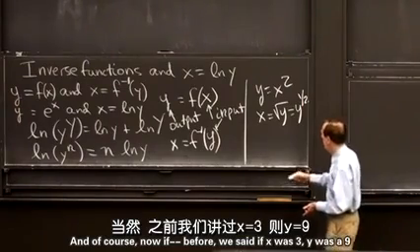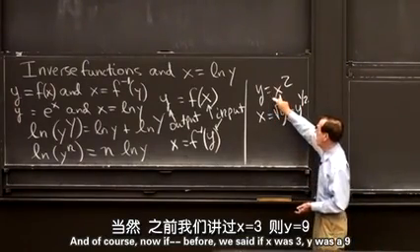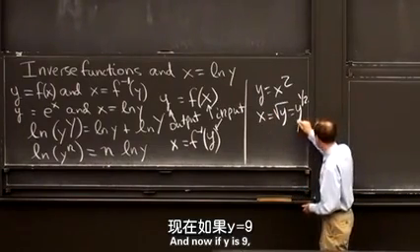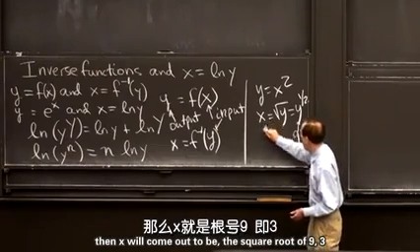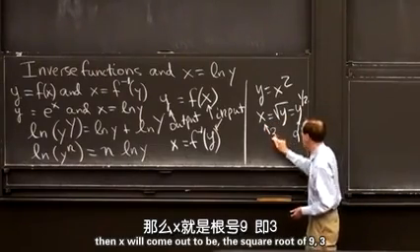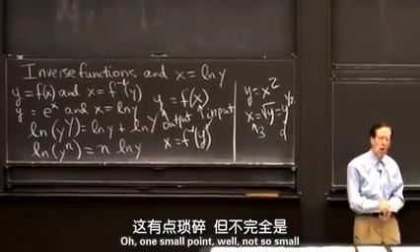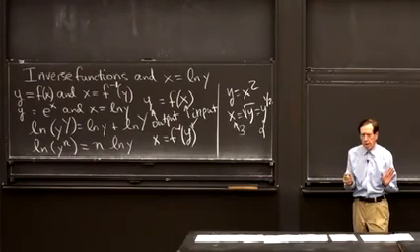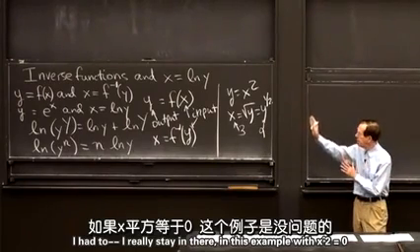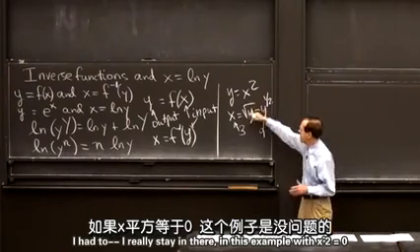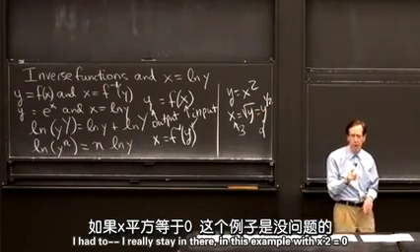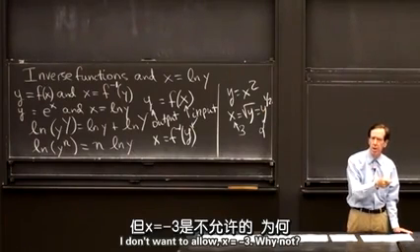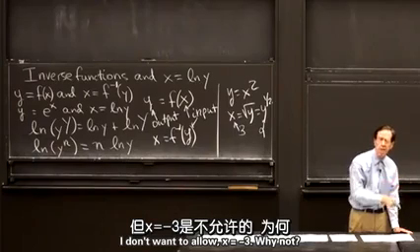And of course, before we said if x was 3, y was 9. And now if y is 9, then x will come out to be the square root of 9, 3. Oh, one small point. Well, not so small. I was really staying there in this example with x greater or equal 0. I don't want to allow x equal -3.